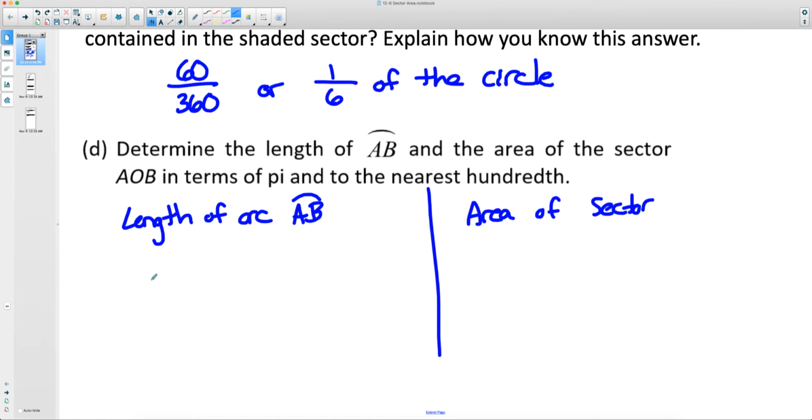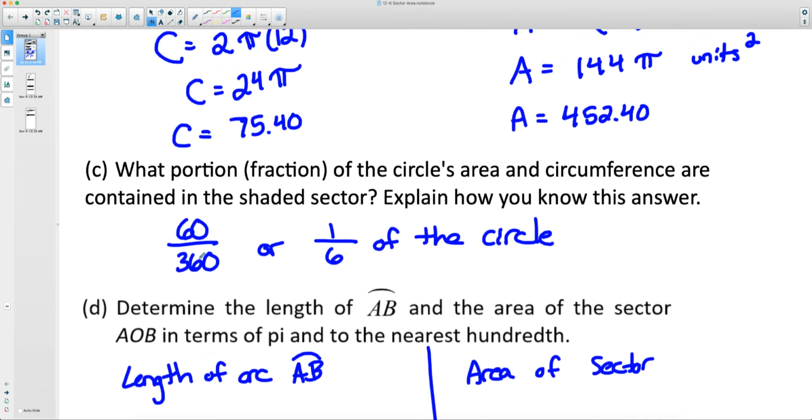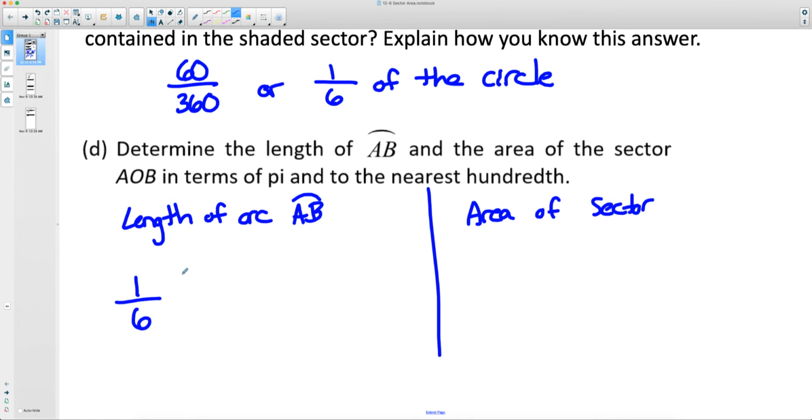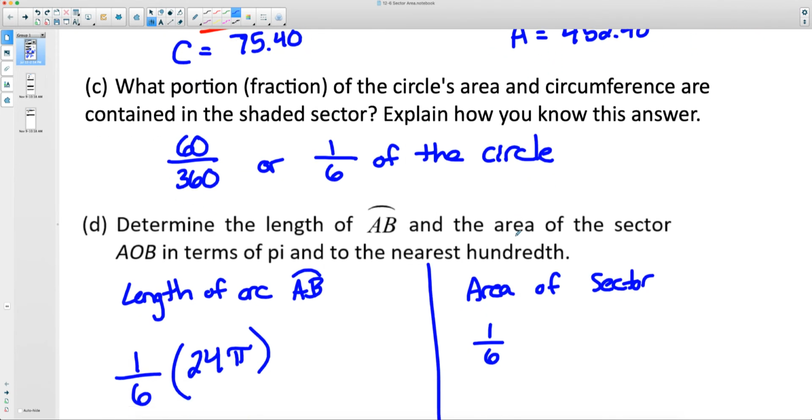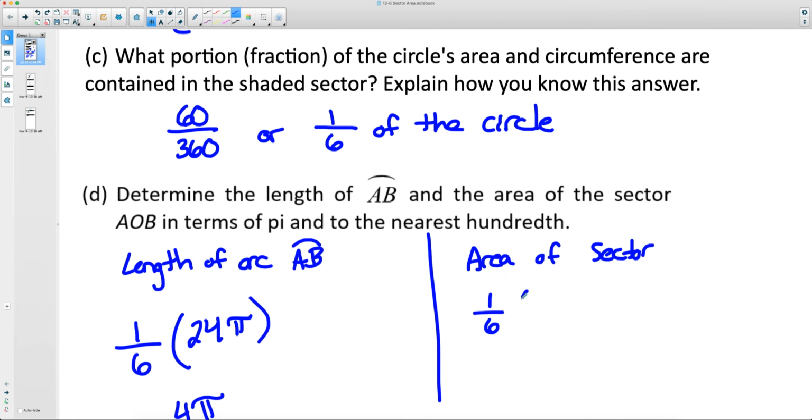So the length of the arc is a sixth of the entire circumference. It's a sixth of 24 pi, and that's going to be 4 pi. So the length of that arc is 4 pi. The area of the sector is a sixth of the entire area, so it's a sixth of 144 pi.